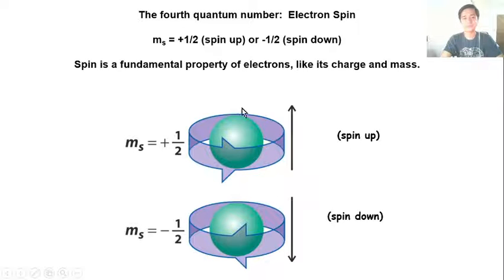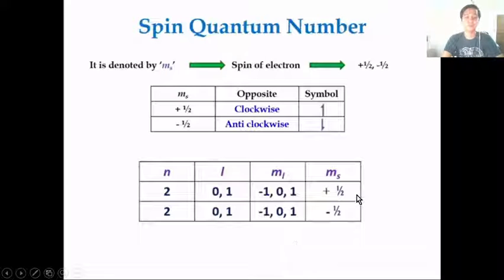So we know that spin is a fundamental property of electrons, like its mass and charge. Spin up is +1/2. Spin down would be -1/2. So in summary, the spin quantum number is denoted by the symbol m sub s, meaning it's the spin of the electron, wherein the allowed values are only +1/2 or -1/2.